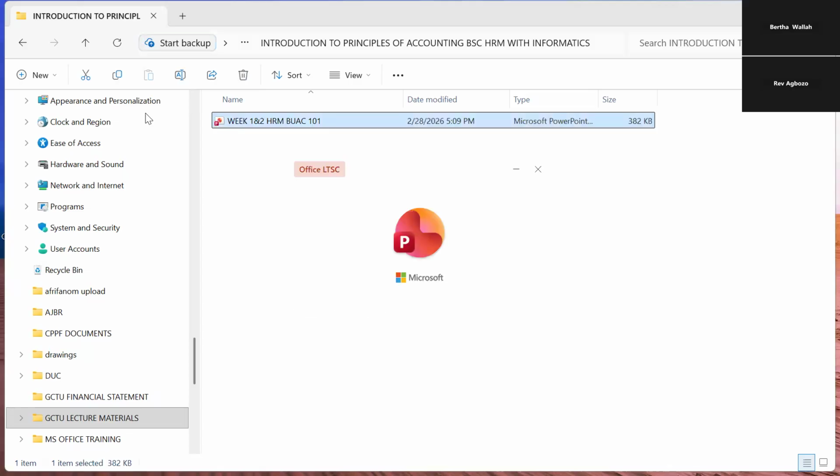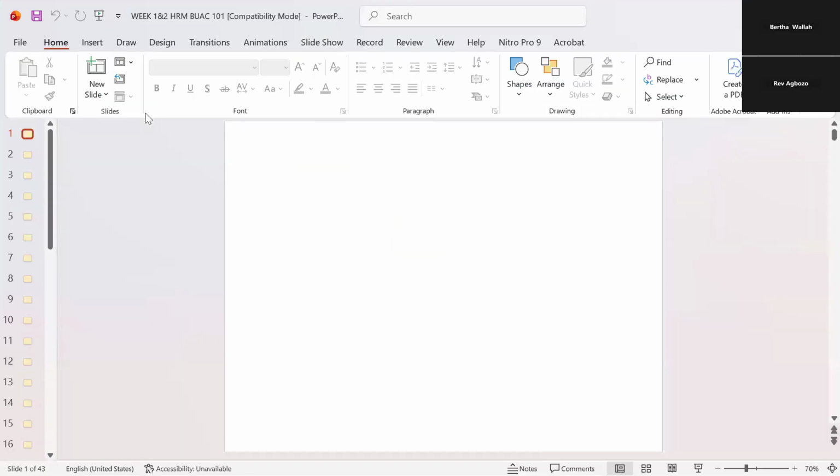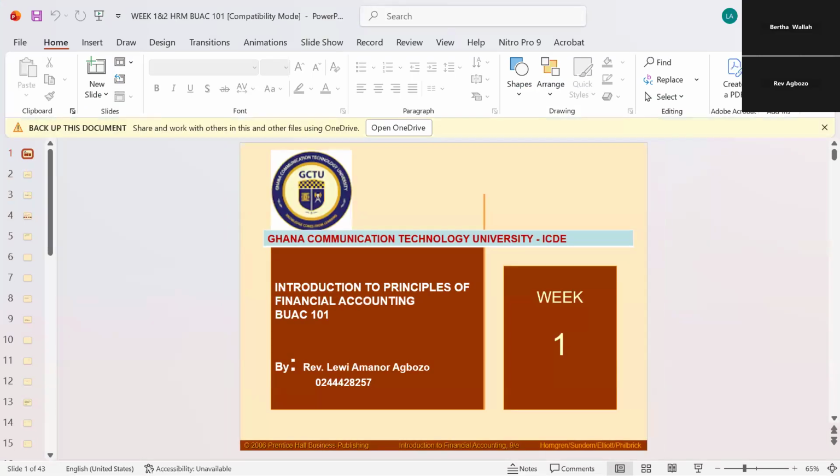So the statement of financial performance looks at those. Then after preparing the statement of financial performance, we look at the statement of financial position, which most people call the balance sheet.